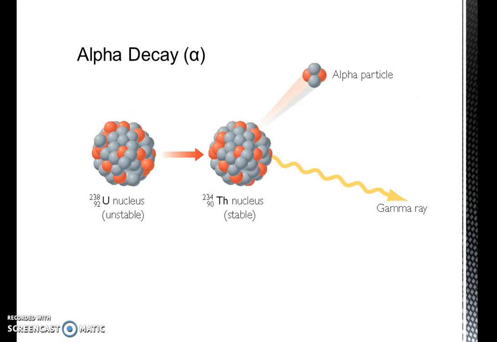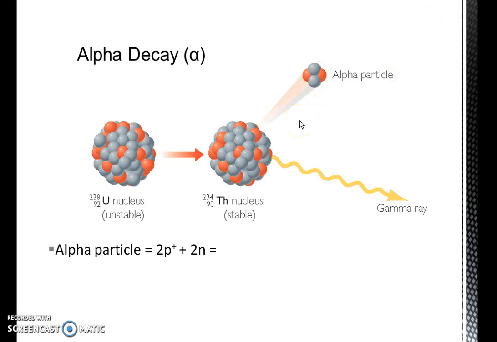So alpha decay first, here is a diagram for you. So you can see the beginning unstable nucleus, and then the resulting stable nucleus, and then an alpha particle being released as well as a gamma ray. An alpha particle is composed of 2 protons and 2 neutrons, as you can tell from this diagram.